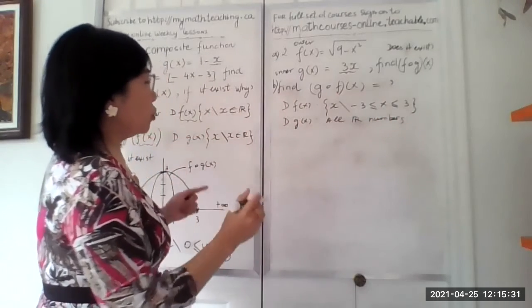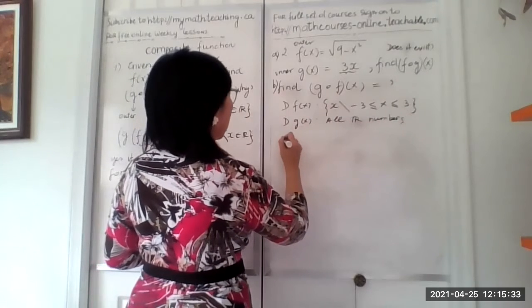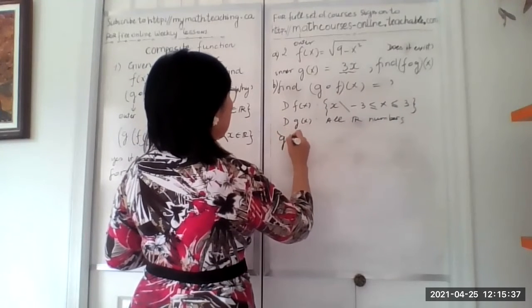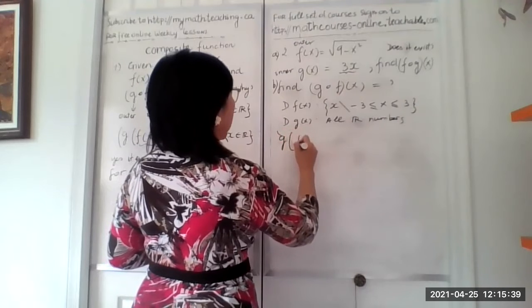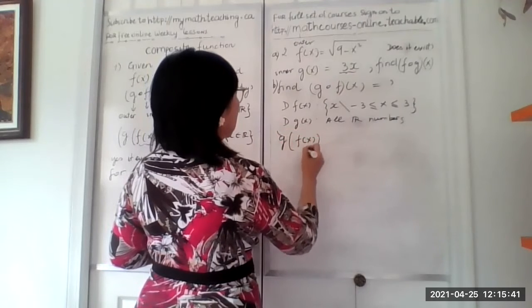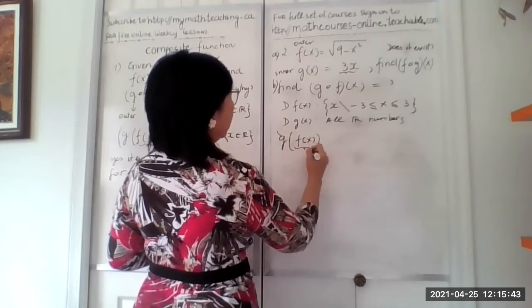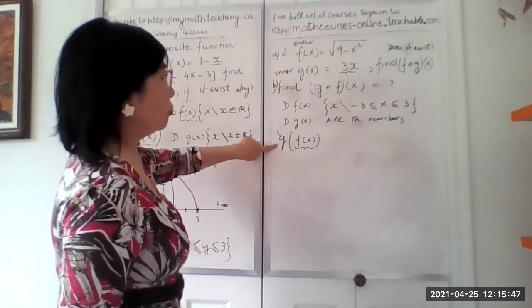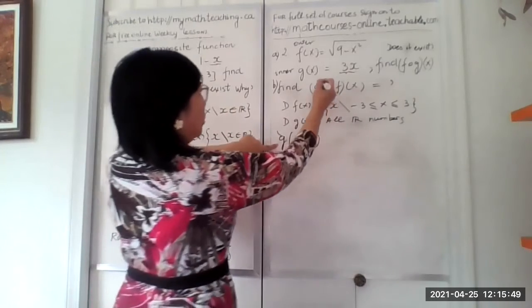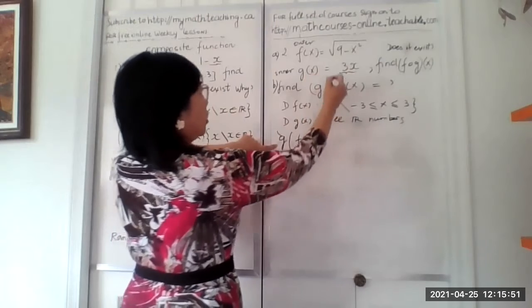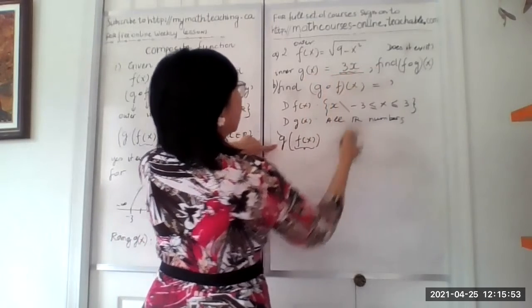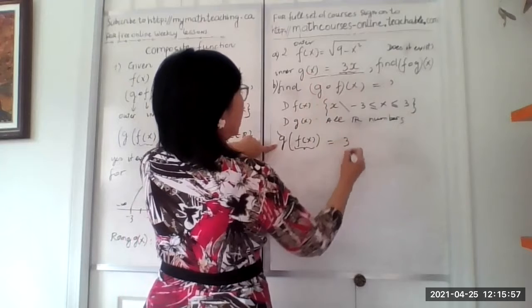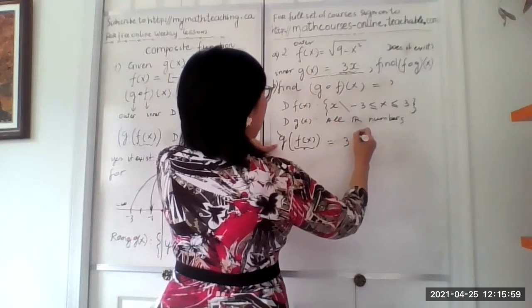Now let's do g of f of x. So now we will find the composite function g of f of x. This time you can see the function f of x is the inner function and g is the outer function. If g is the outer function, we follow the expression of g of x here, which is equal to 3 times x.